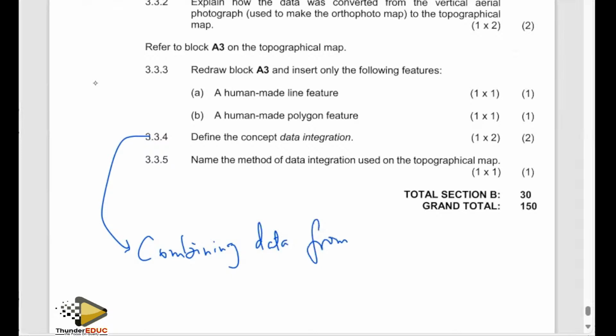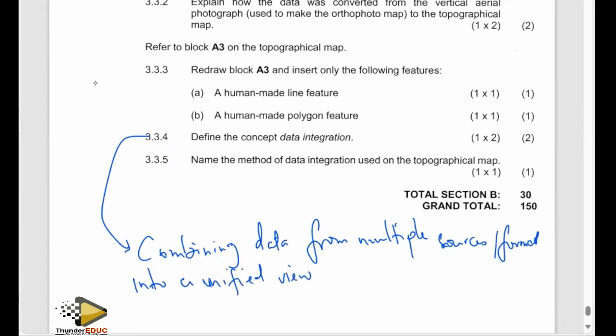from multiple sources or from multiple formats into a unified view. That could be my simple definition.